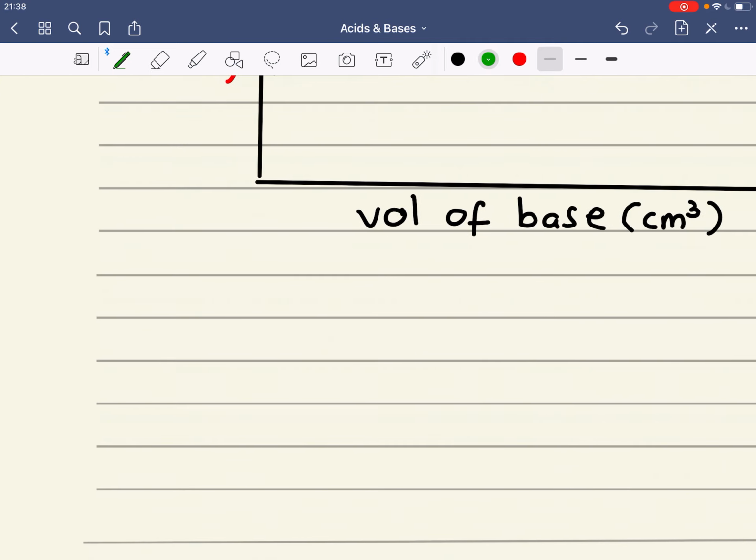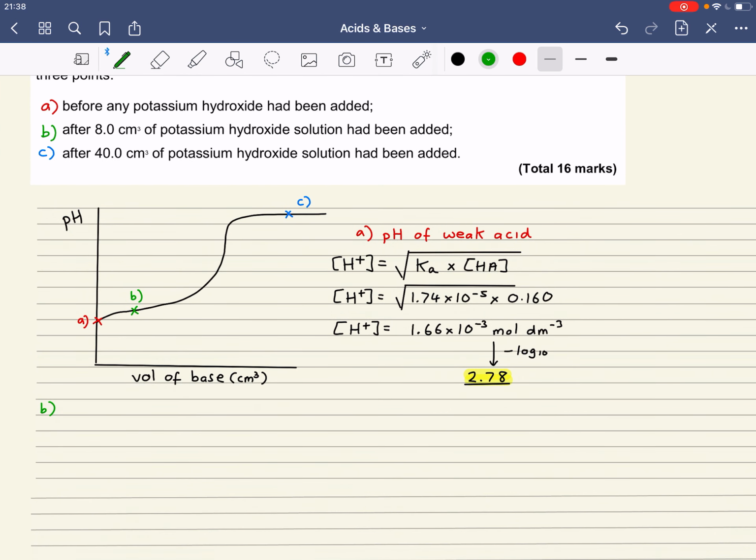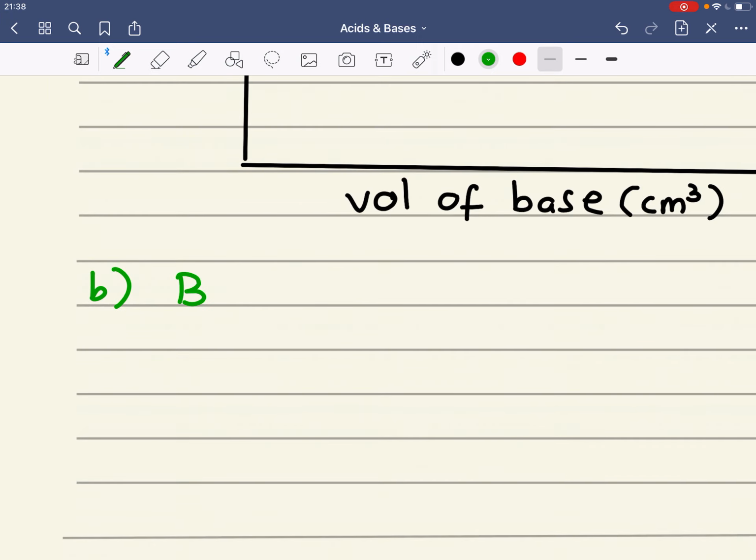Part B now involves working out the pH after adding strong alkali to an excess of a weak acid. Now we said in the buffer action video, if I've got strong alkali added to an excess of weak acid, we're in effect forming a buffer. So in this particular one, we need a buffer calculation.